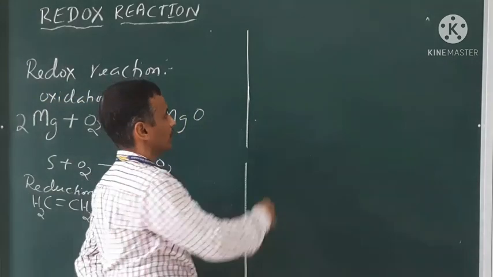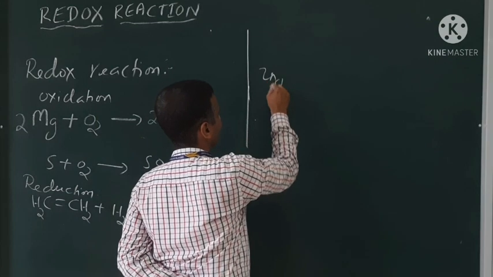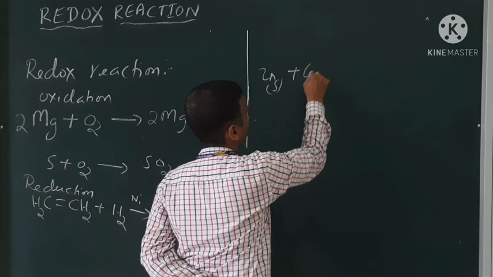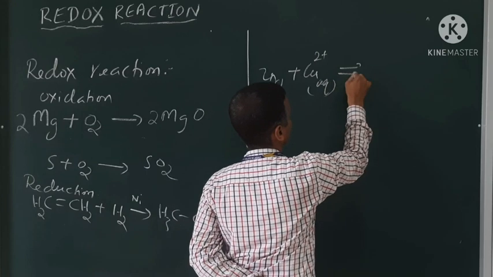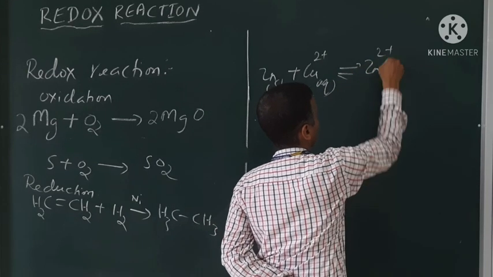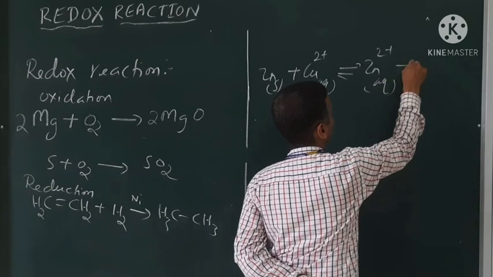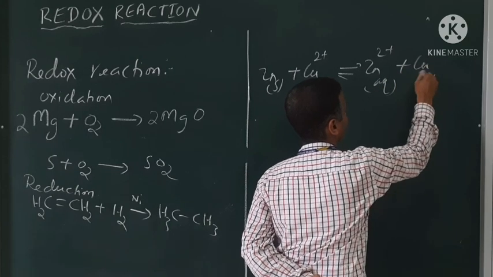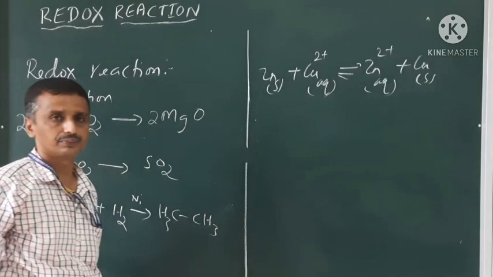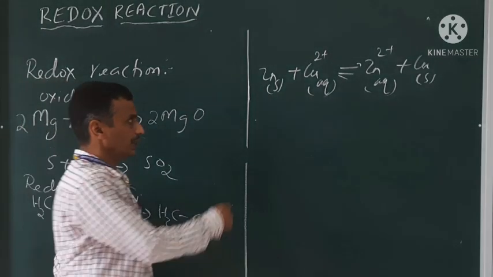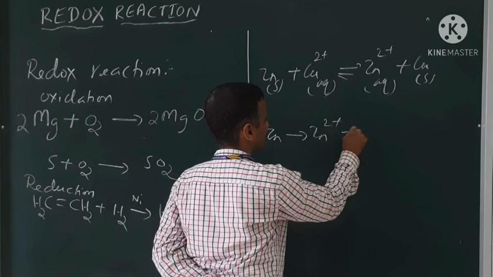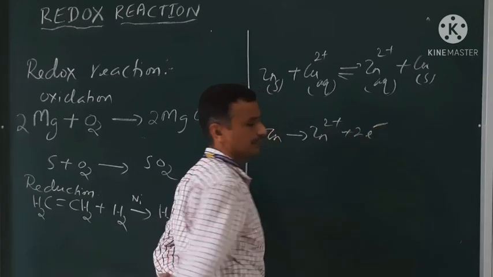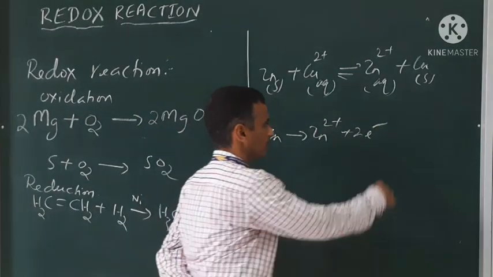Now take this example. Zinc solid plus copper 2 plus aqueous gives zinc 2 plus aqueous plus copper solid. Here, see, zinc is giving zinc 2 plus plus 2 electrons, which is an oxidation process.